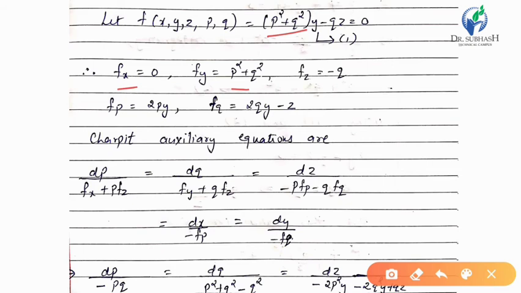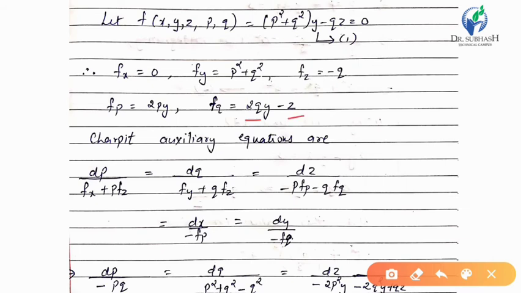Now I will find fz. In the first term there are no terms of z, so that portion will be 0, and for minus qz, fz will be equal to minus q. Similarly, fp will be 2py, since differentiation of p square will be 2p and y is constant, and differentiation with respect to q will be 2qy minus z.